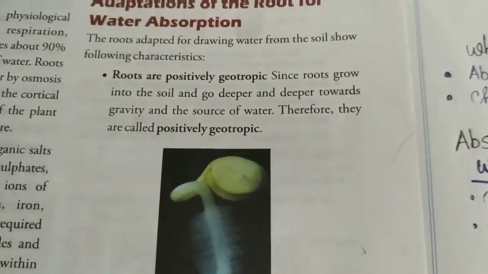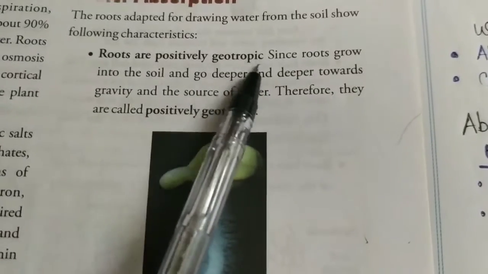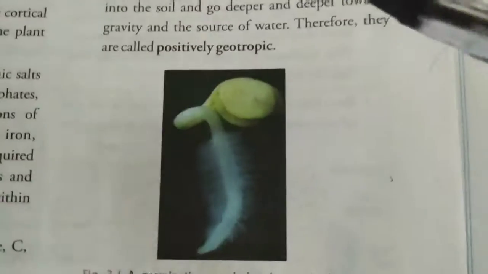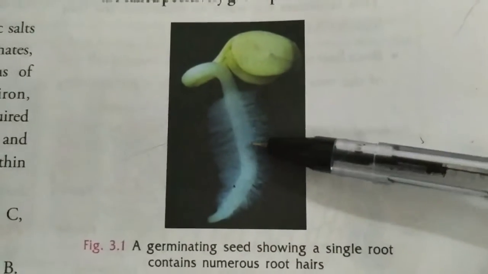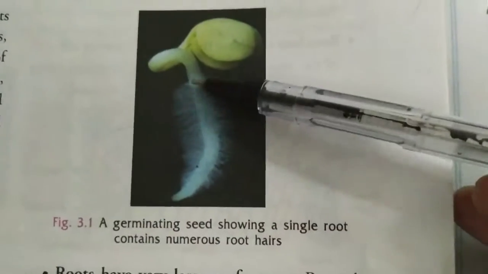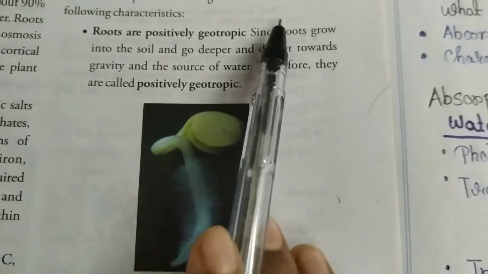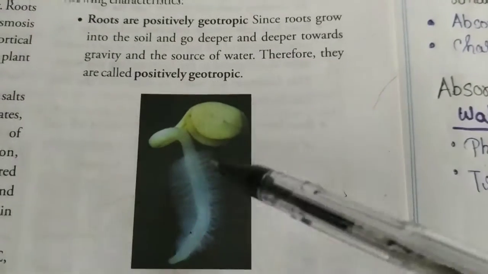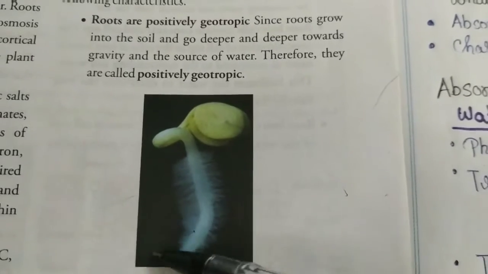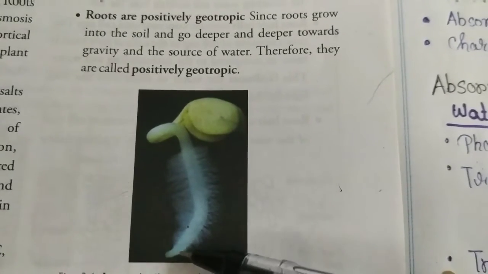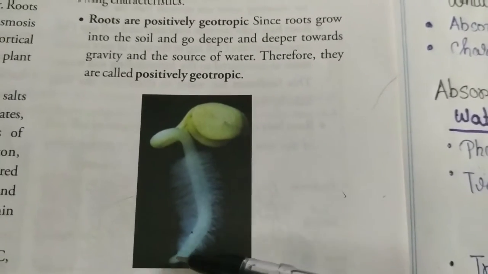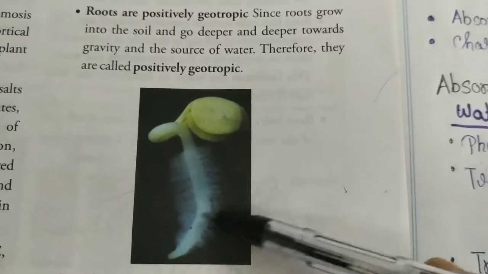The first point is that roots are positively geotropic. What does that mean? It means roots respond to the gravitational force. Since the root grows into the soil, going deeper and deeper towards gravity and the source of water, it is called positively geotropic.